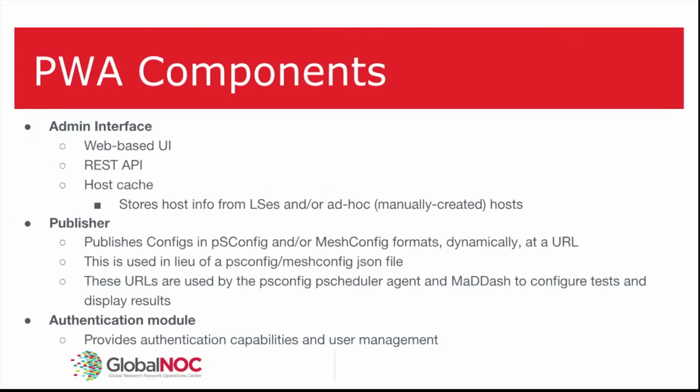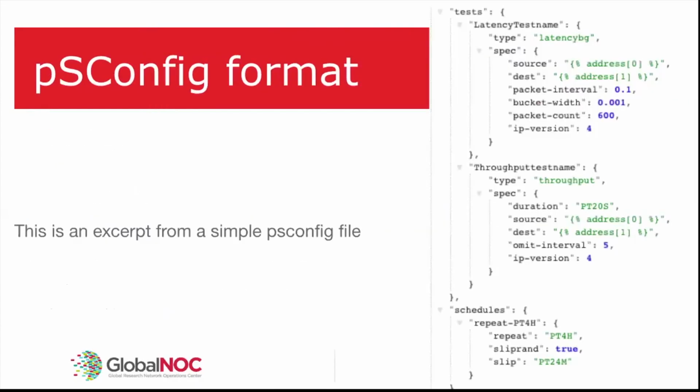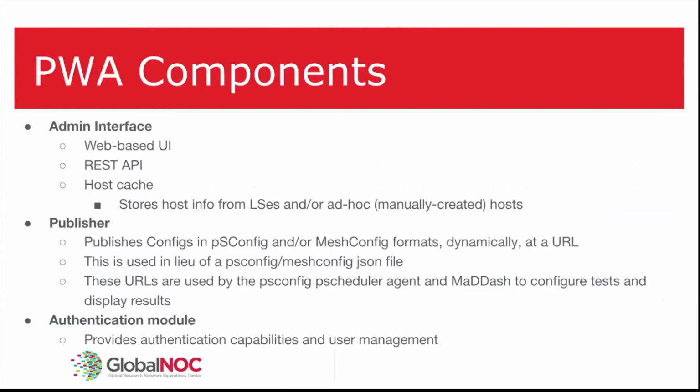Yeah, we covered the components for the most part. I'll just elaborate a little bit here. The admin interface has a REST API as well. Publisher supports outputting in pSConfig or MeshConfig format, depending on what you need.